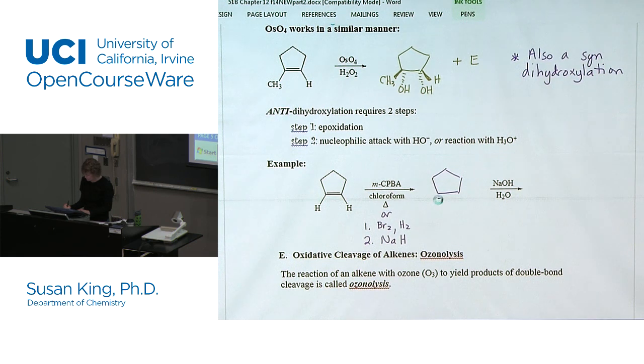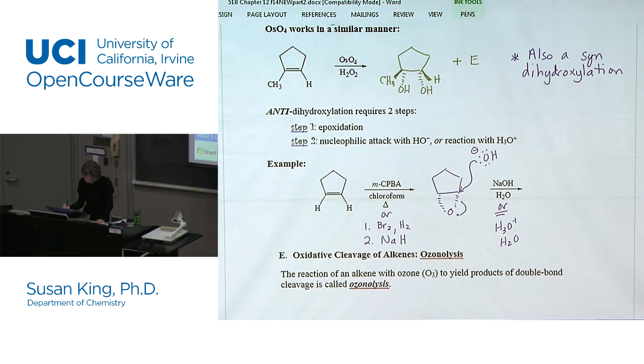So this is old news. We already know this. And then we can do sodium hydroxide water, or we can open this up with acid, or H3O plus and water. All right, if we use sodium hydroxide, hydroxide attacks.